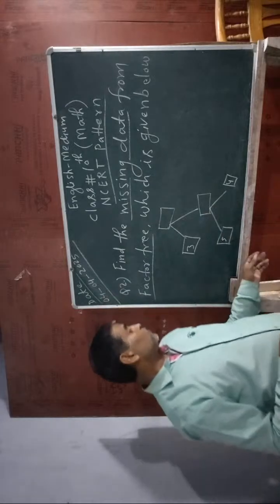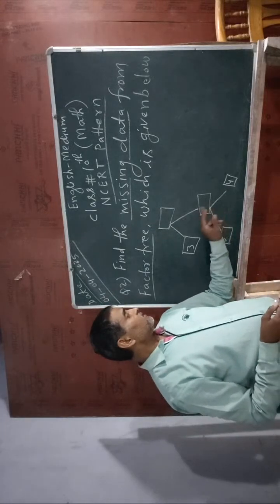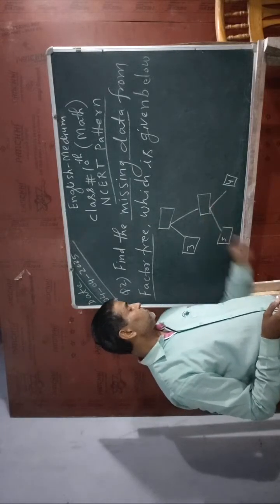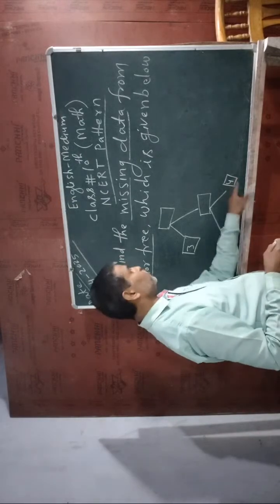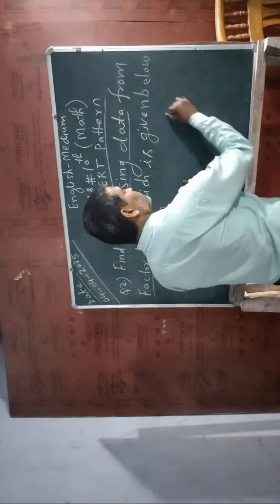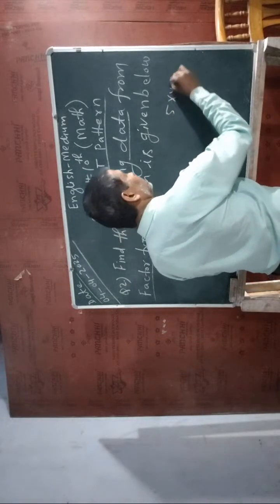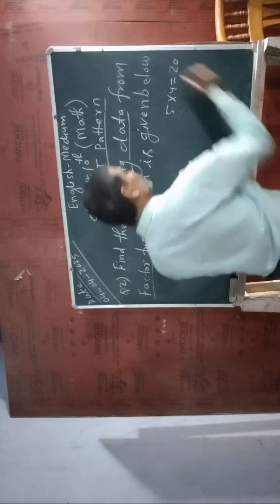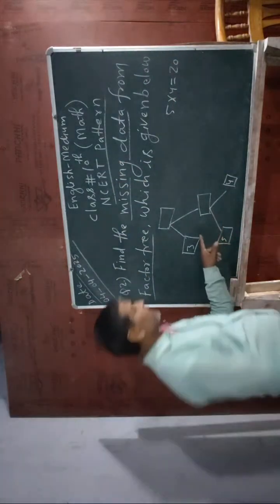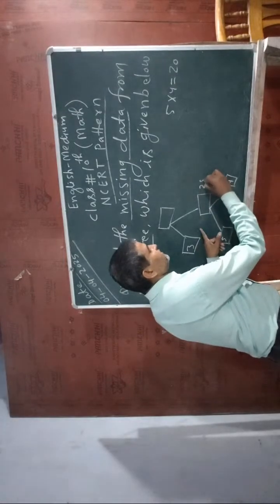So if you have to get the value of this position, you have to multiply 4 into 5. Here you can multiply 5 into 4, it will become 20. So here you can write 20.